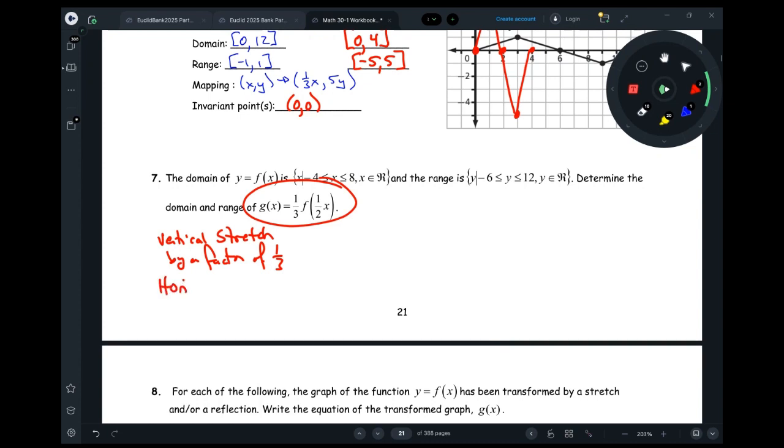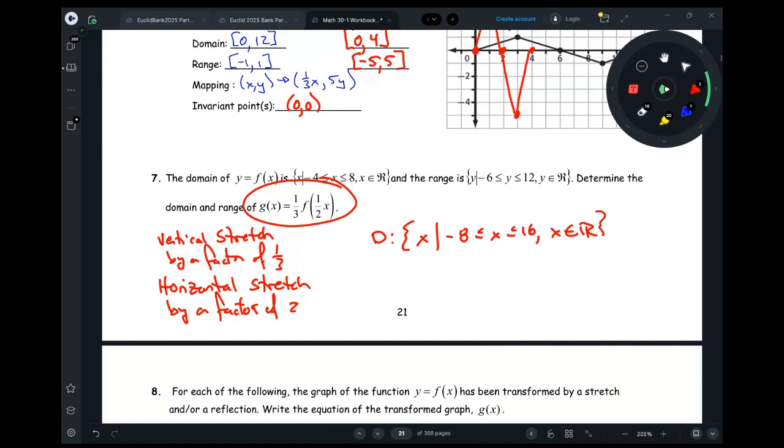There has also been a horizontal stretch by a factor of 2. And bear in mind, we're not exactly seeing that factor of 2. That's because we don't typically isolate x. But what that means is for my domain, what I'm going to do with those numbers in my domain is I'm going to multiply those by 2. So instead of negative 4 to 8, it's going to be negative 8 out to 16, where x is an element of the reals.